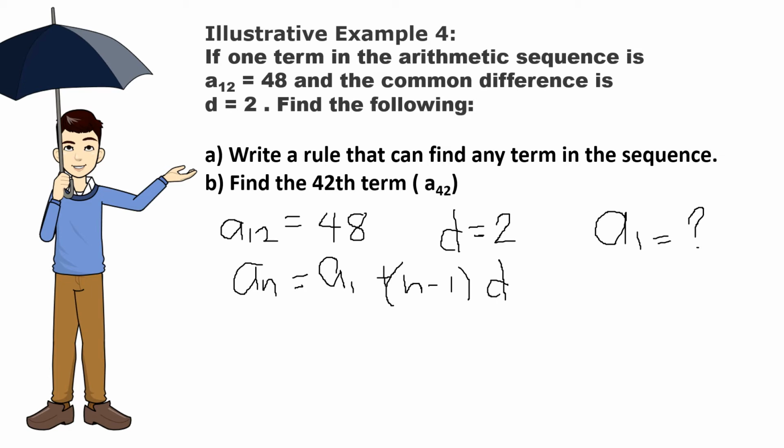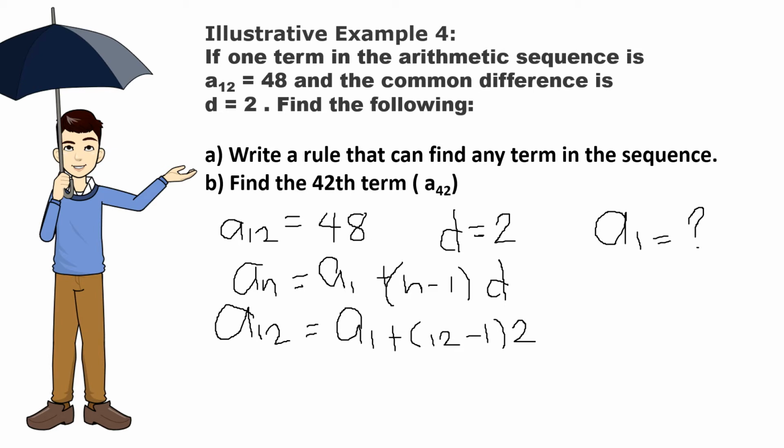Okay, so given natin A sub 12 equals 48. So gagamitin lang natin si A12. Sulat lang natin dito. A12 equals A sub 1 plus 12 minus 1 times the difference 2.